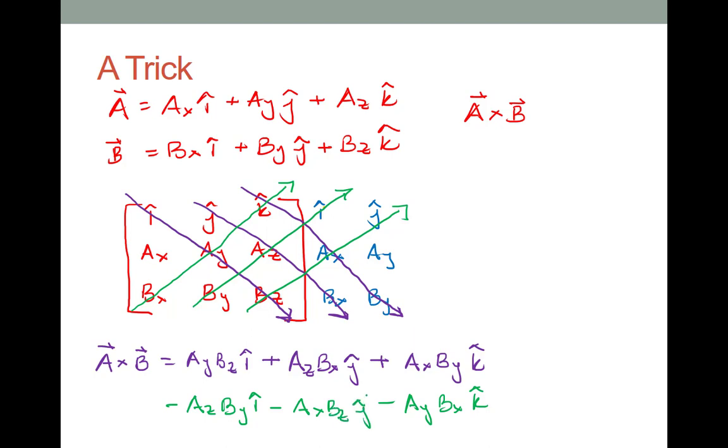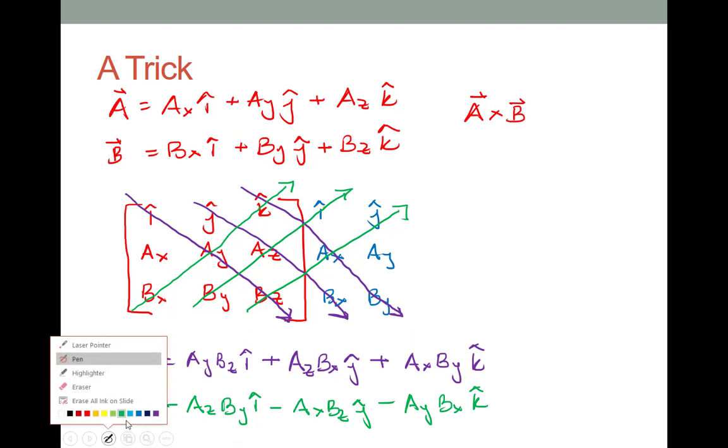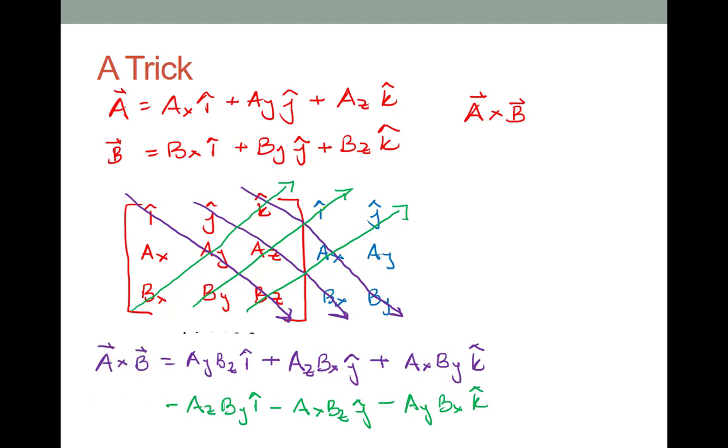Okay, and as I said, this works for 3 by 3 vectors as I've shown here, or it works for 2 by 2 vectors just as well. Repeat the process, just lop off the last row there. One thing to notice about the result of the cross product: if I look at the I hat terms, I have AY BZ, AZ BY, so it reverses, and in each term I have all three dimensions.